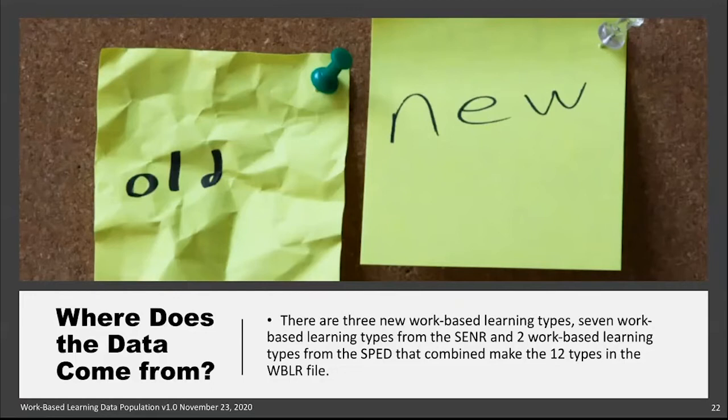So the state and federal program indicators from the student enrollment file have now been broken into 5 separate work-based learning codes. Basically, there are 3 new work-based learning types, 7 work-based learning types from the student enrollment, and 2 work-based learning types from the special ed file that combined make the 12 types in the WBLR file type.